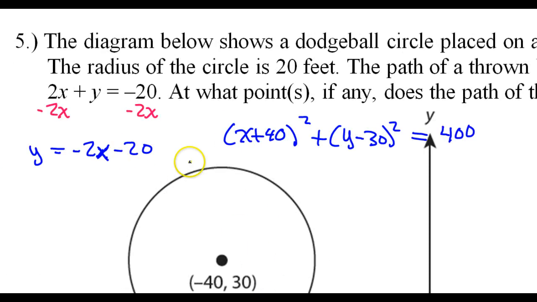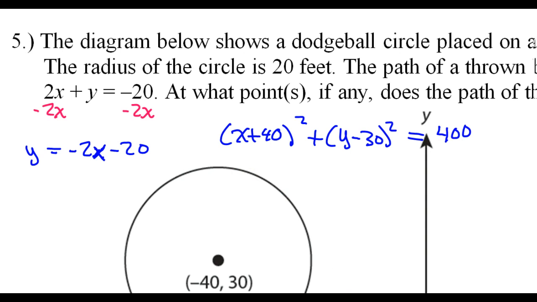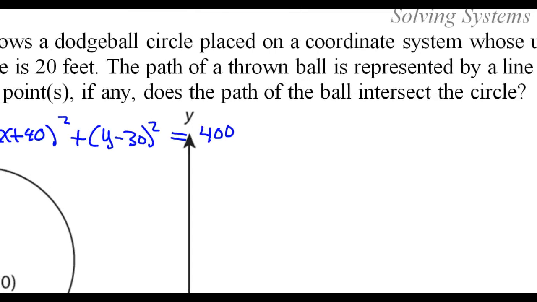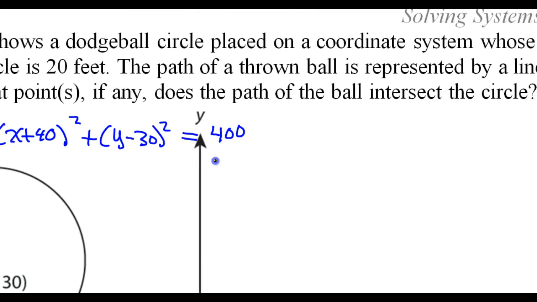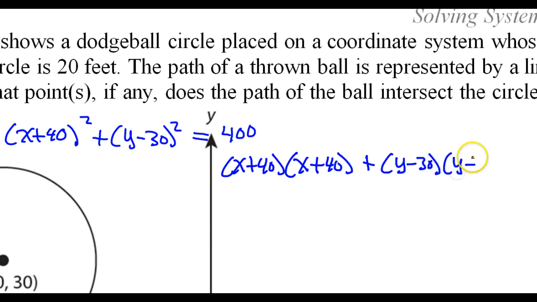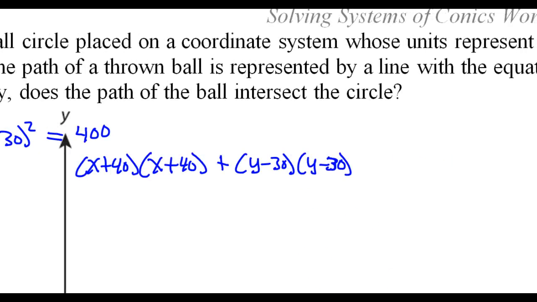So this is the equation of the circle. In order to do the substitution that we need to do, we need to rewrite this equation in general form. So we need to take this and rewrite it like this. x plus 40 squared is like x plus 40 times x plus 40, and y minus 30 squared is y minus 30 times y minus 30, and then that's equal to 400.